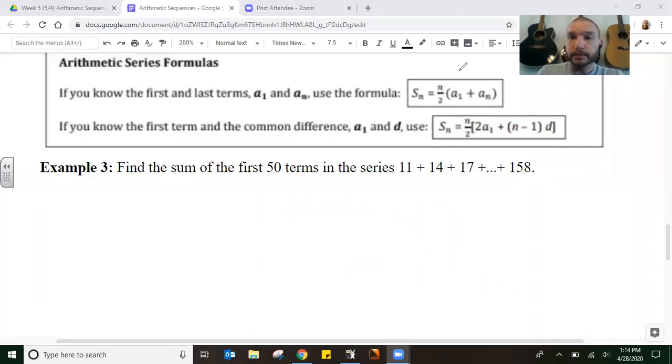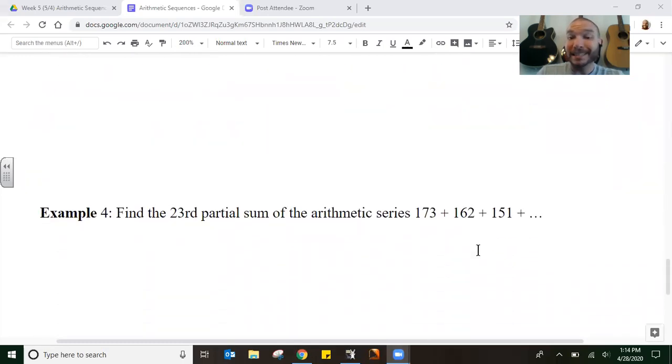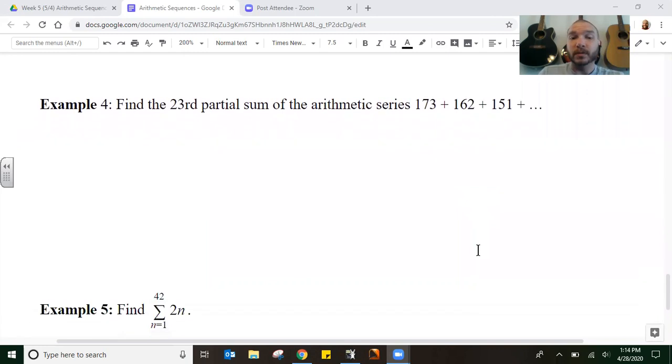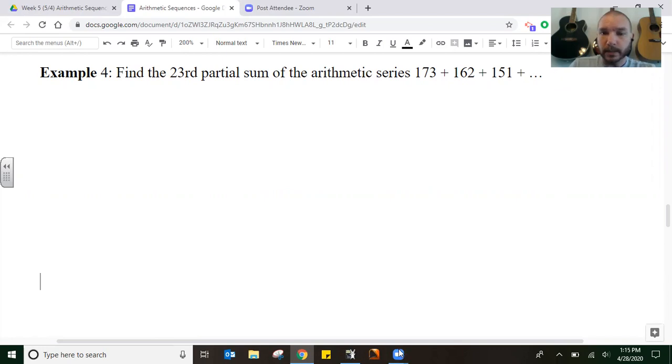All right. I think the second formula is just like that. It's exactly like that. So I'm going to do this one a little bit quicker, and then we'll get to example 5, which will require the first one. This one does not. Okay, so looking at this bad boy, we've got a sub 1. That's our first term.